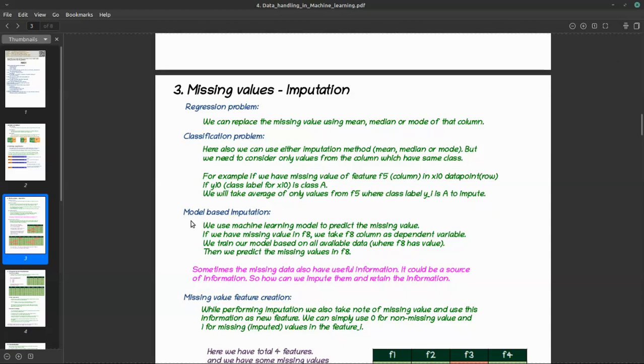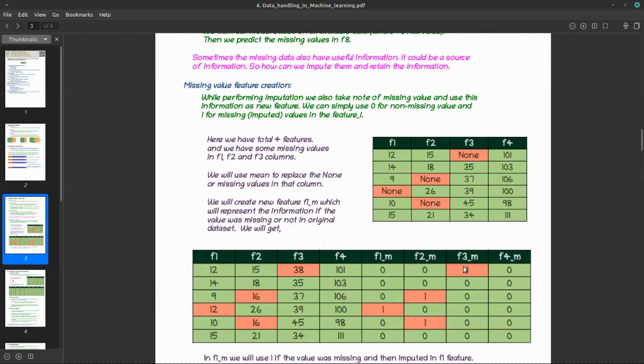Okay, the next is model based imputation. So what model based imputation is: let's say this value is missing. Rather than using the average method, the summation divided by the total number of rows, I will consider all the rest of the columns and use some machine learning model.